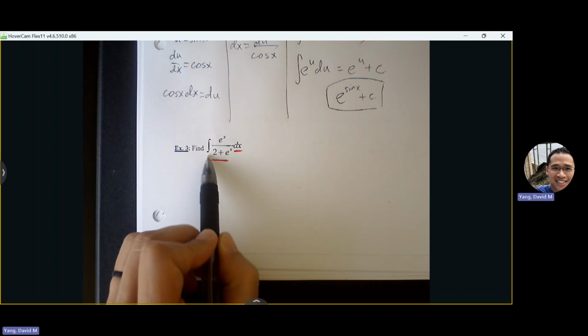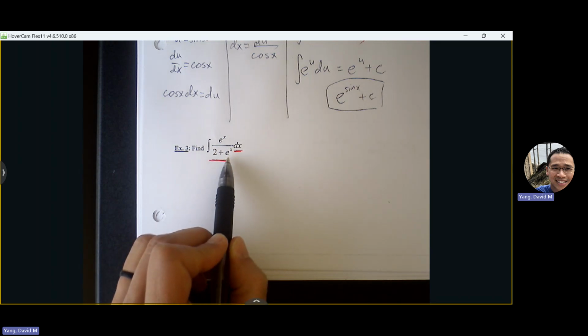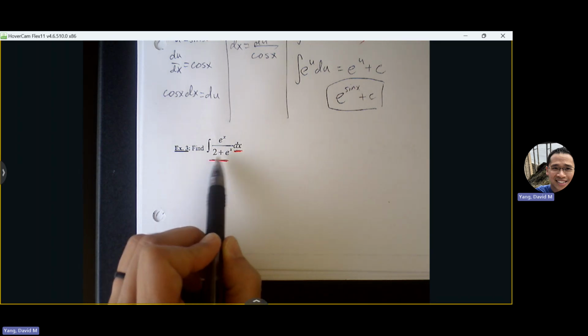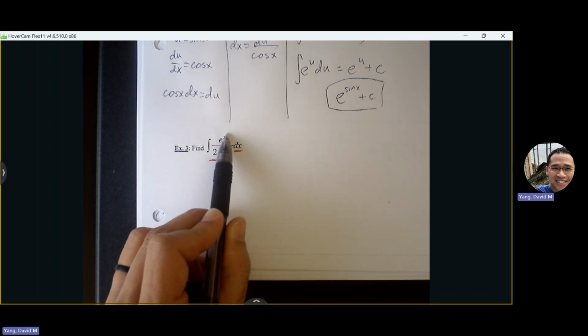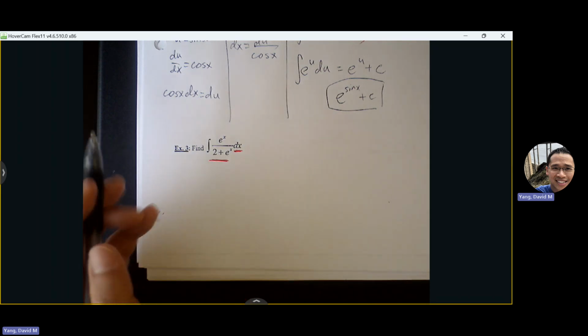In this case, if we think about the derivative for e to the x, it's just e to the x. We know 2 goes away, and there is an e to the x waiting for our derivative. So that's a good sign.